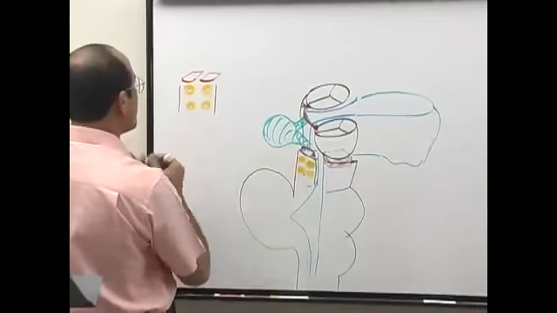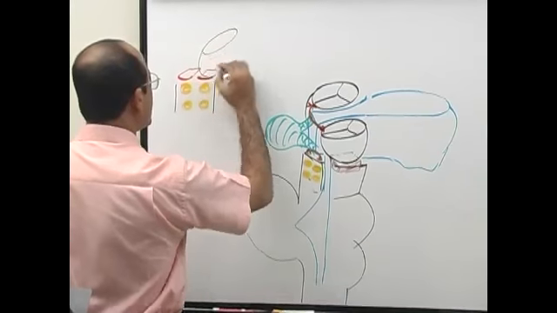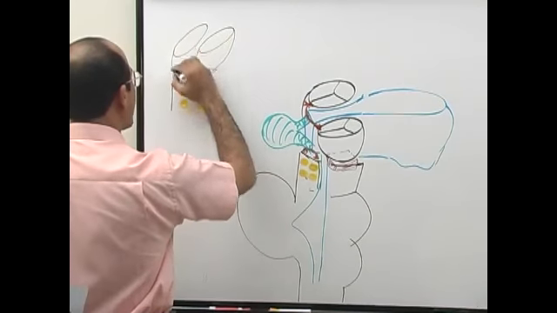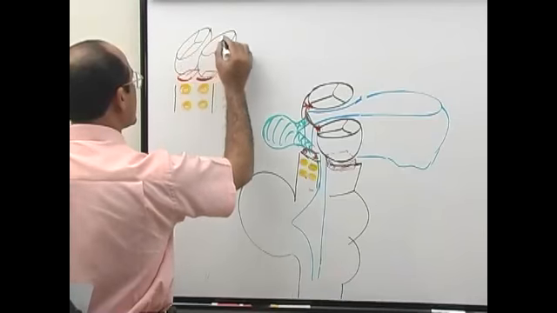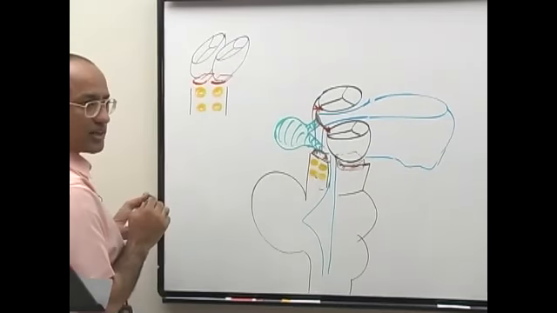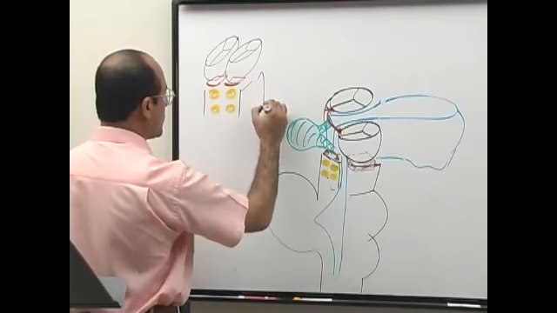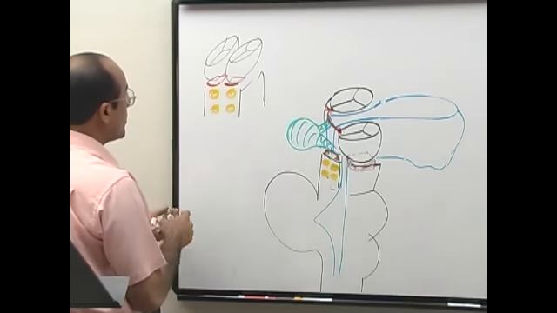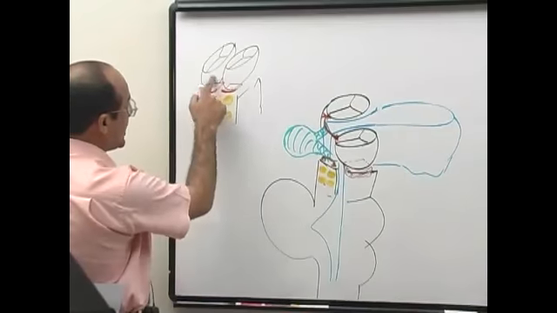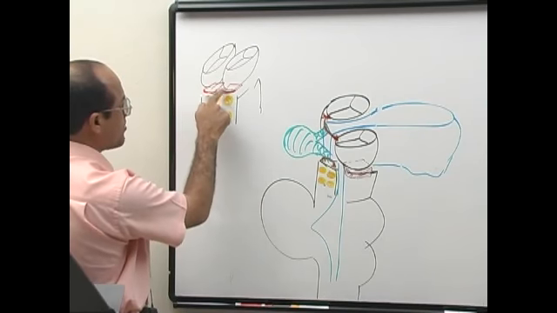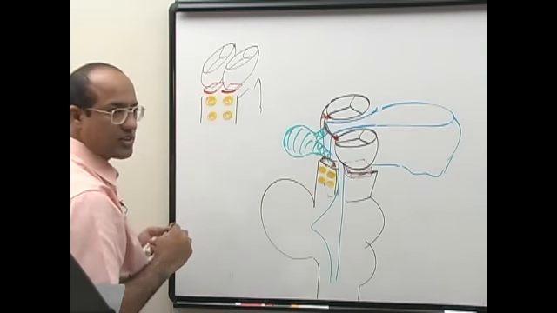And I have not told their name. And these were your... you understand it? This is midbrain. Now, thalami are sitting on this sheet of grey matter, this red color. What is this?